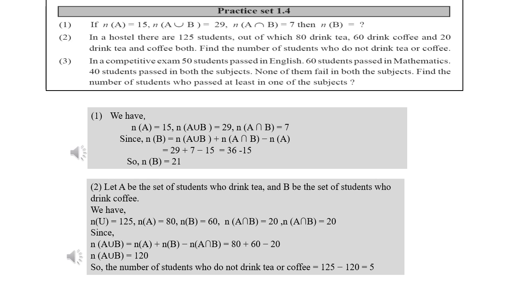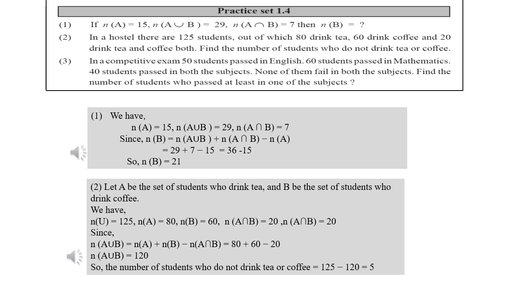Again the same formula. So n(A) plus n(B) minus n(A intersection B). So 80 plus 60 minus 20. We follow the BODMAS rule. So 80 plus 60 gives me 140, minus 20, which gives me 120.